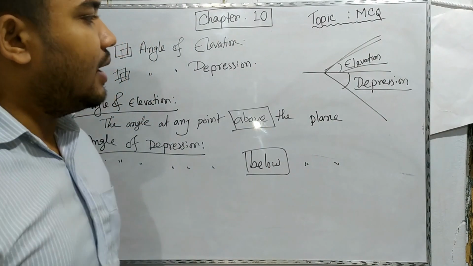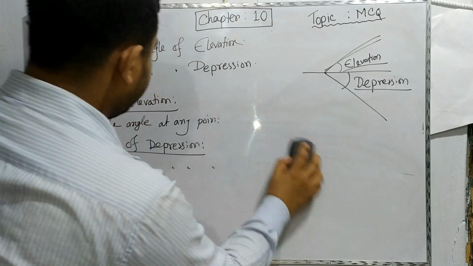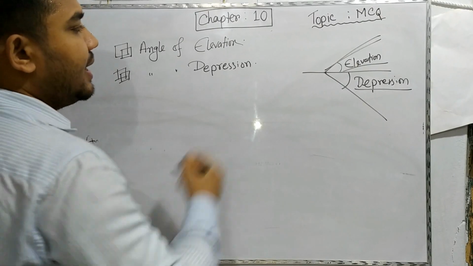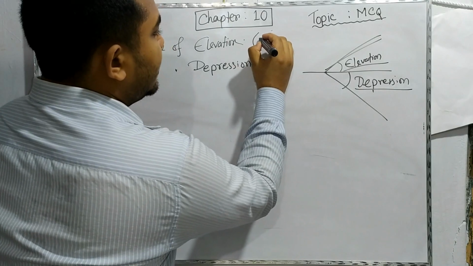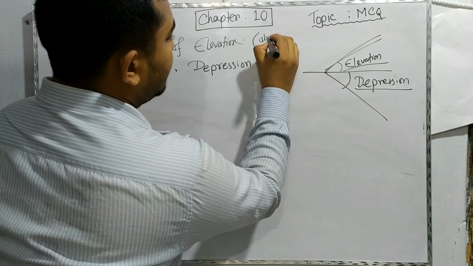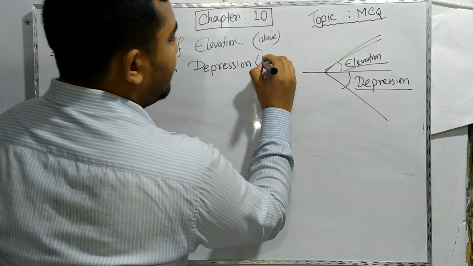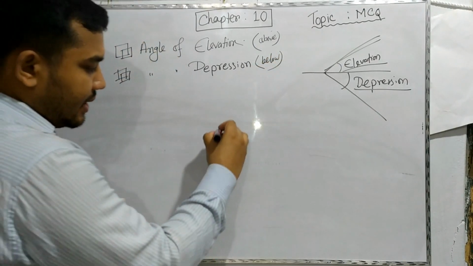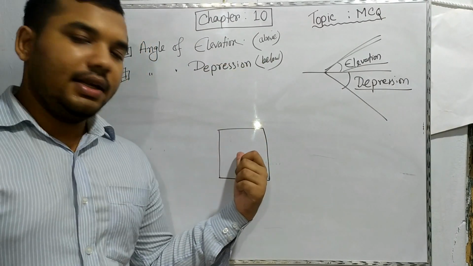Okay, let me give you another example to understand it very carefully. I will write the keyword. The keyword of elevation will be above, and for the angle of depression, it will be below. Suppose here there is a flat or a room.